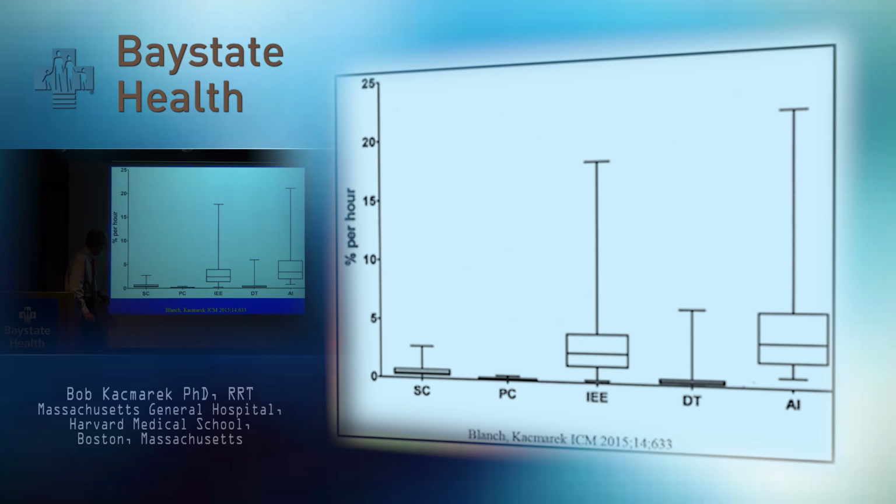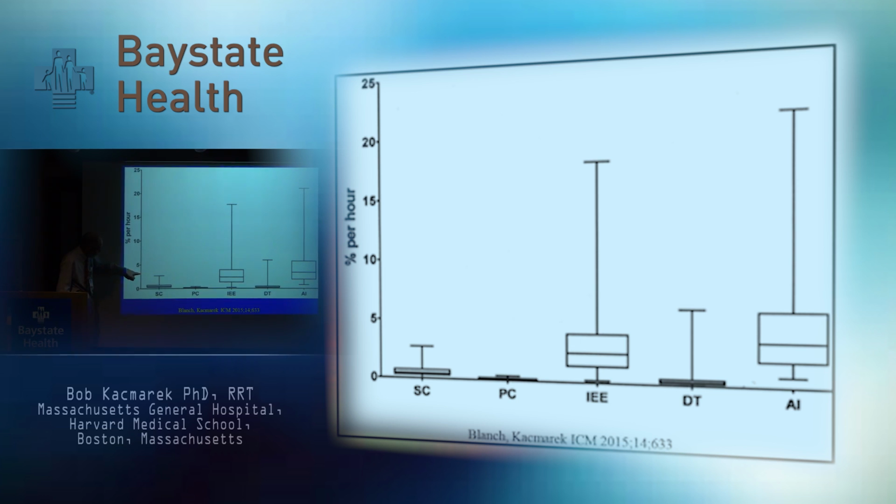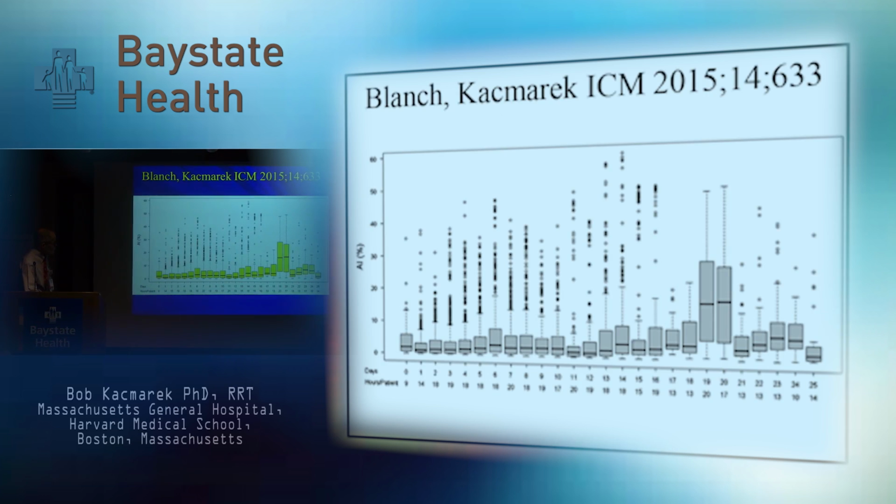And as you can see, across these 50 patients, across every hour of ventilation, this is the percent per hour, approximately 3 to 3.5% of the breaths were asynchronous. This is all of those patients, looking at them for 25 days.